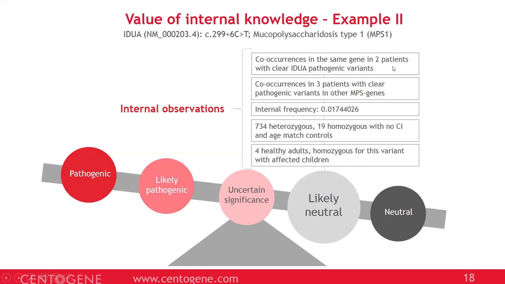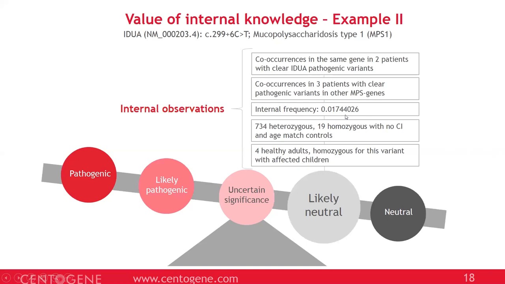And for 2 patients, we have confirmed the presence of MPS 1 by other IDUA pathogenic variants. In 3 of the patients, we had clear pathogenic variants in other MPS-related genes.